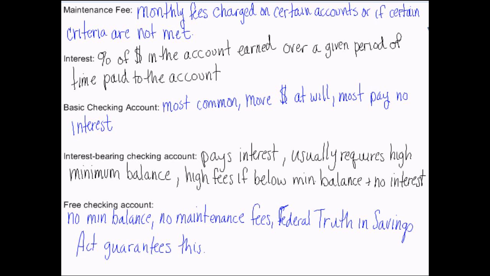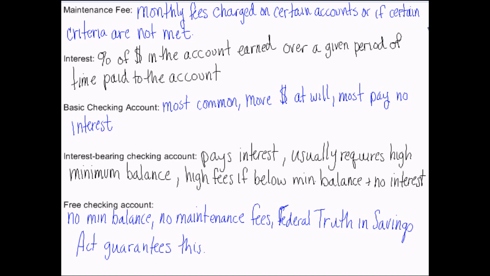Then there are interest-bearing checking accounts. An interest-bearing checking account does pay interest, but usually has a pretty high minimum balance, meaning that you have to keep $500 or $1,000 or $5,000 in the account at all times. You can't spend that money. It has to sit there. You can spend anything over that, but you can't touch that minimum balance amount.